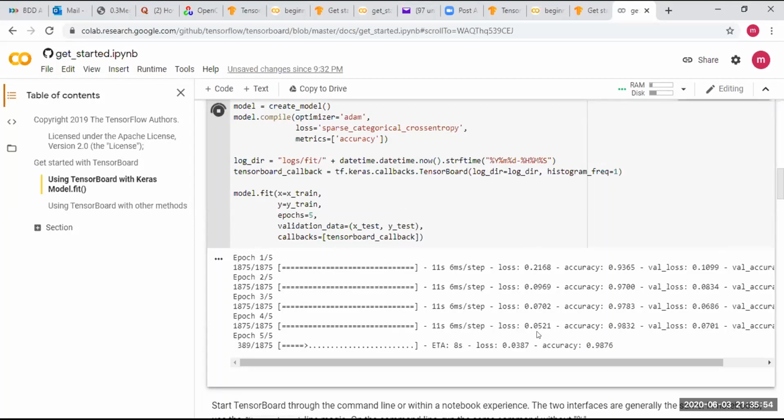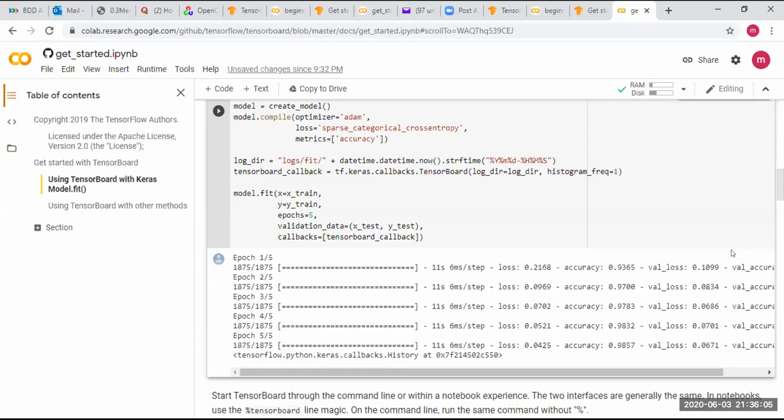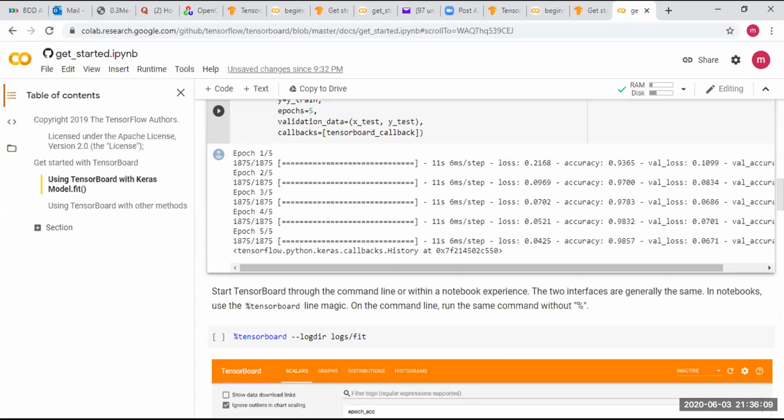So the loss is still decreasing to 0.05, 0.04. So now it finished the learning process. This is still a small model, and you see it takes considerable time when learning.